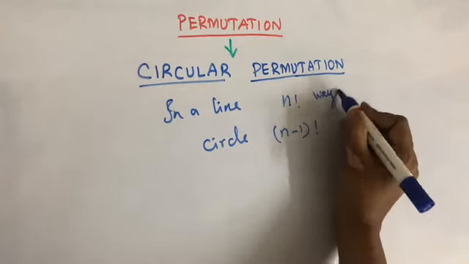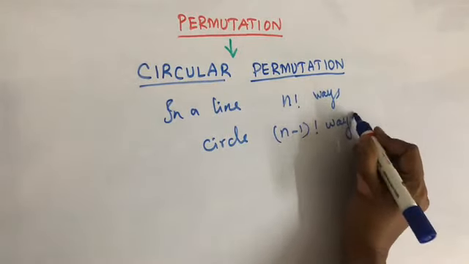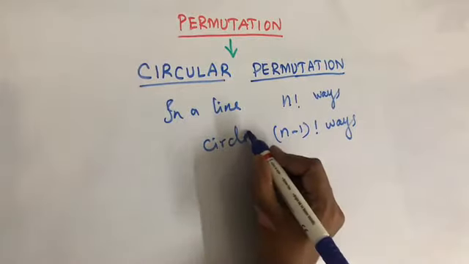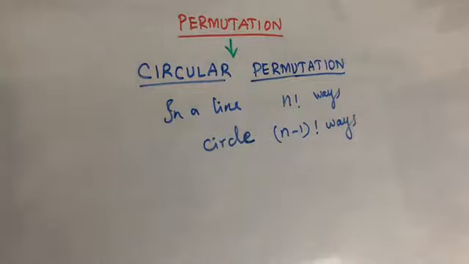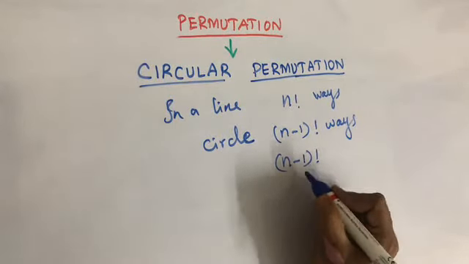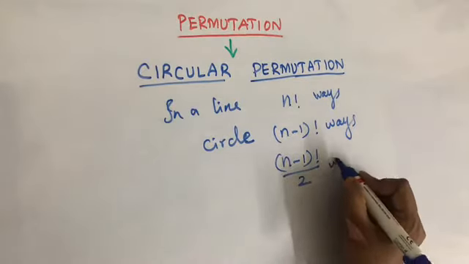If all the elements are identical while arranging them in a circle, I have n minus 1 factorial divided by 2 ways.